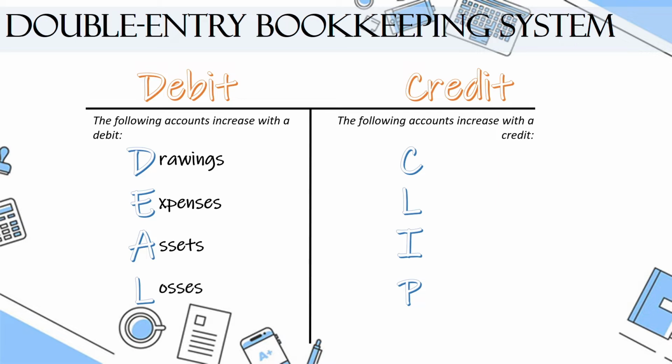These accounts increase whenever they are debited and decrease if they are credited. Meanwhile, CLIP means capital, liabilities, income, and profits. These accounts have a normal credit balance, meaning if they are credited, they will increase, and if they are debited, the accounts under these groups will decrease.